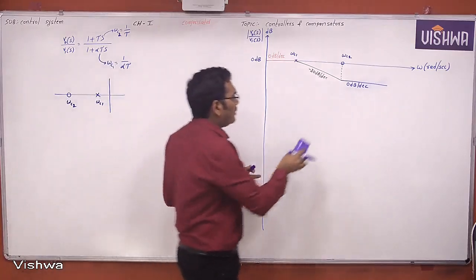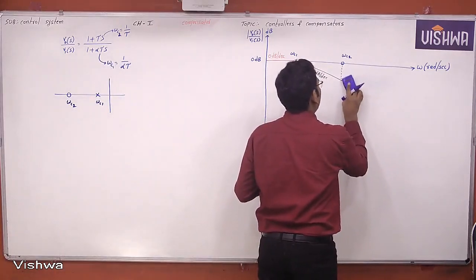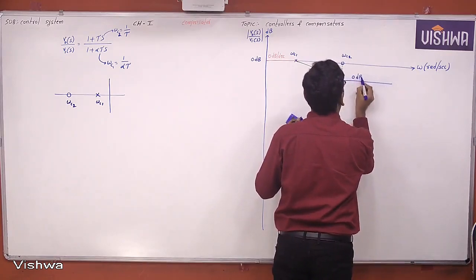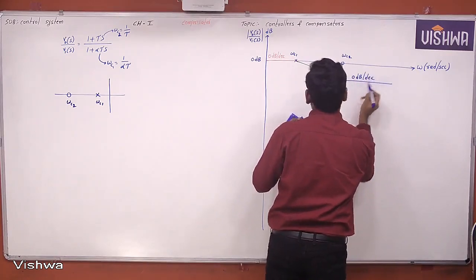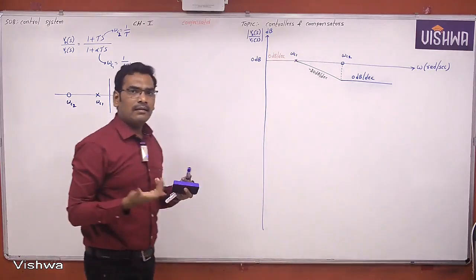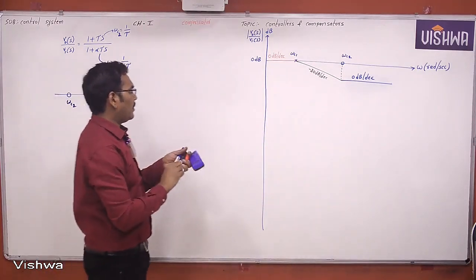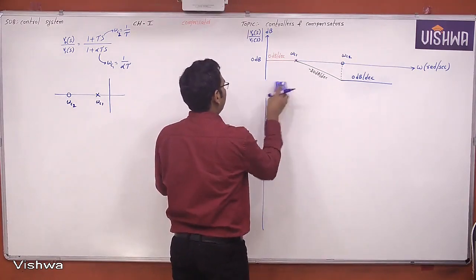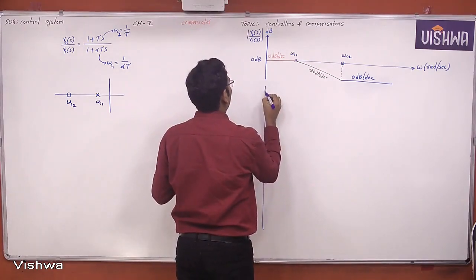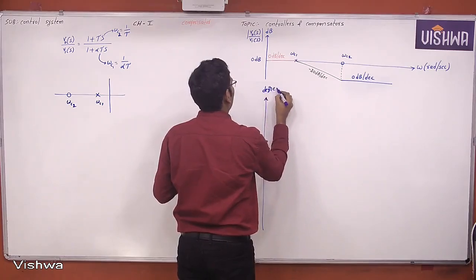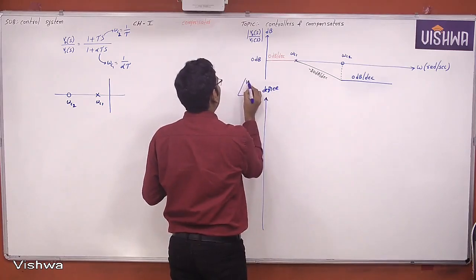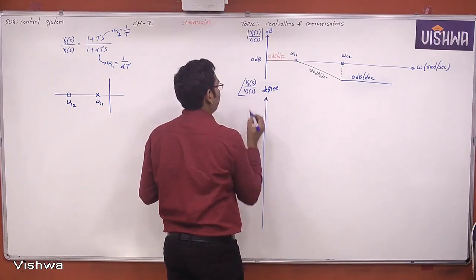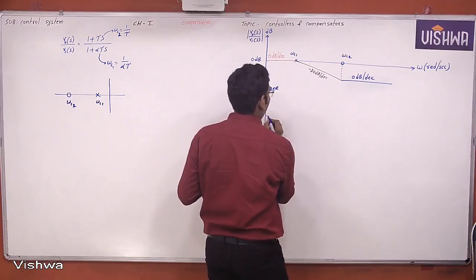But we also required to draw the Bode phase plot. Once you draw the Bode magnitude plot, the phase plot is very easy. Now what is the phase plot? Phase angle in terms of degrees versus frequency.